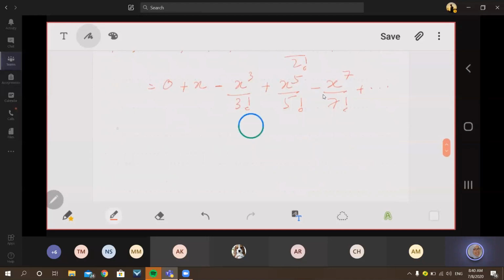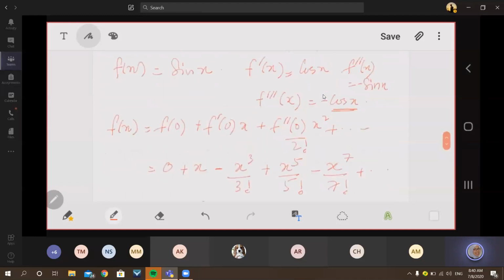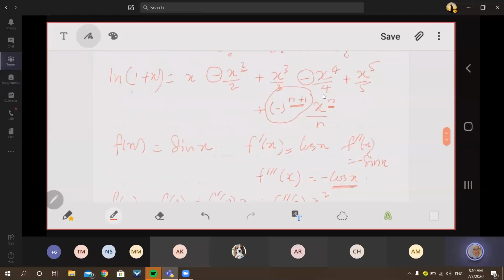Let's say if I have f of x equal to ln of 1 minus x, how would you expand this thing? We had just now ln of 1 plus x. So what is the series expansion for ln of 1 minus x? Sign terbalik.